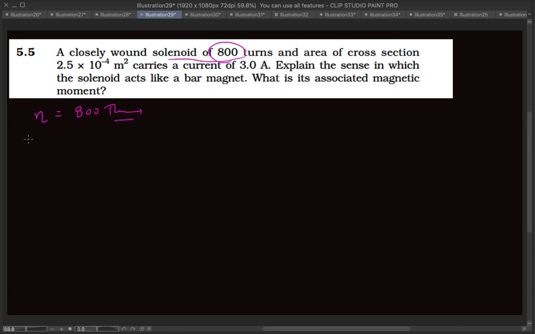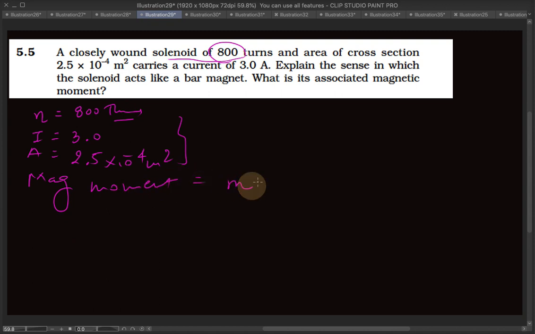Now I have my current, which is 3 A, the only current responsible for the magnetic field. My area is 2.5 × 10^-4 meter square. So I want to find my magnetic moment. You are aware of this formula, magnetic moment is NIA.